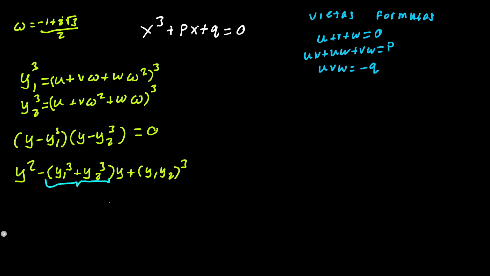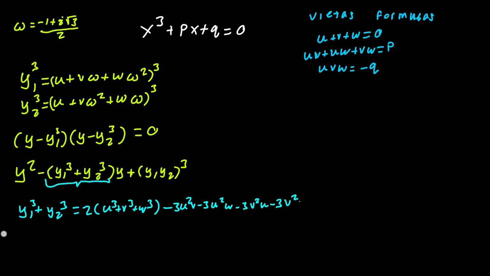What we will notice is that if we expand everything, we get y1 cubed plus y2 cubed is equal to 2 times u cubed plus v cubed plus w cubed, minus 3u squared v, minus 3u squared w, minus 3v squared u, minus 3v squared w, minus 3u w squared, minus 3v w squared, plus 12uvw.